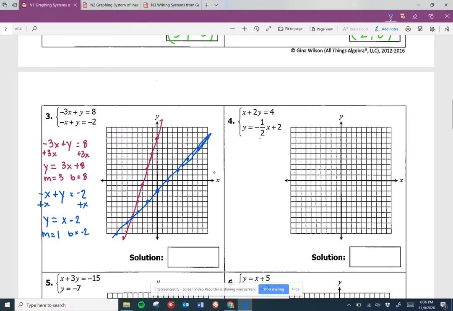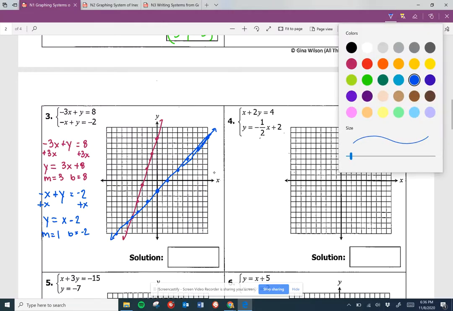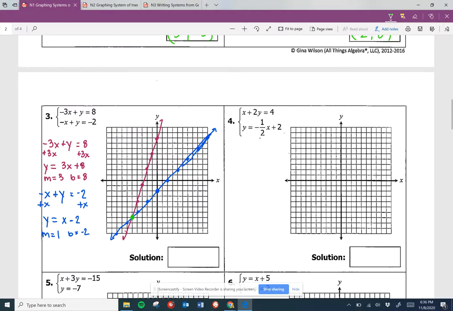Okay, let's drop down here. Our first line on the second example, x plus 2y equals 4. So I would subtract x from both sides. 2y equals -x plus 4.